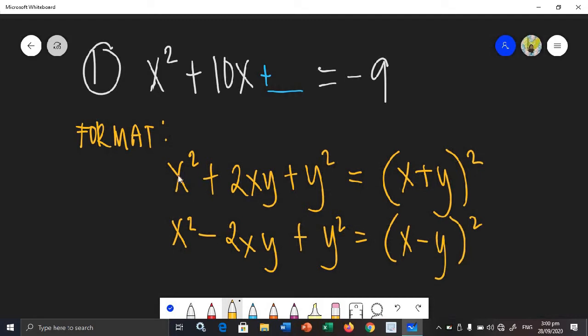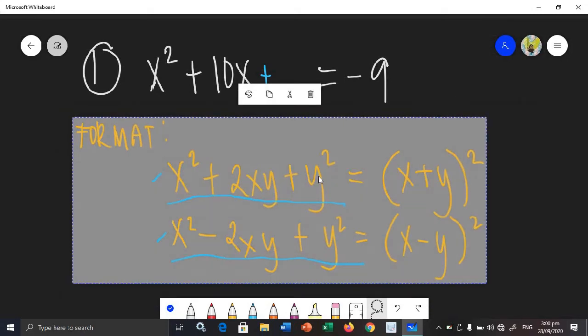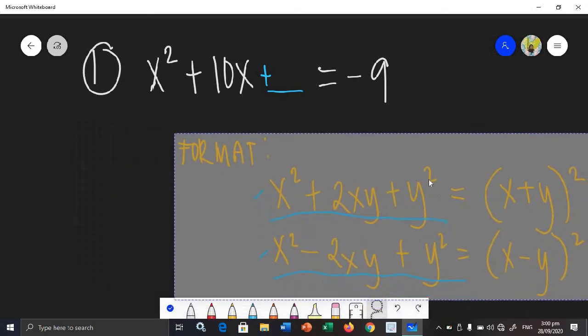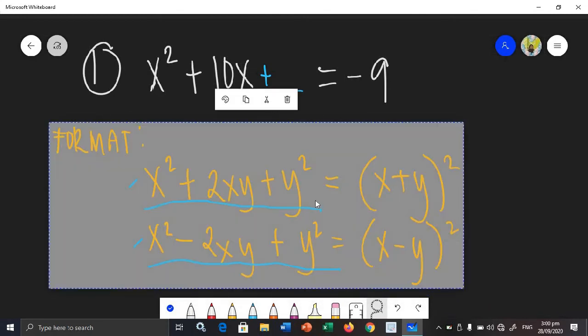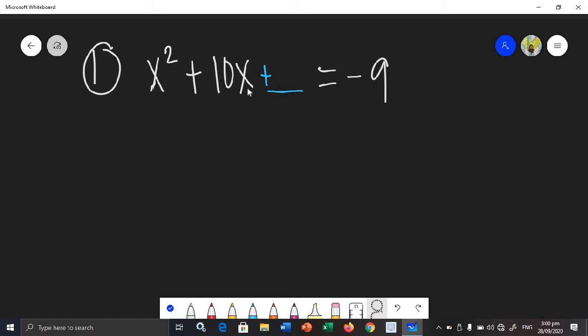So, as you can see, ito yung trinomial, di ba? So, gagawin nating perfect square trinomial yung given natin. Kailangan nyo lang muna tandaan yung format na to kasi we will use factoring here. Okay? So, cut ko muna siya. Later, ipe-paste natin.